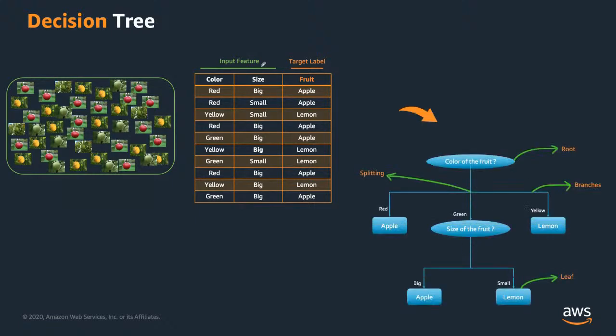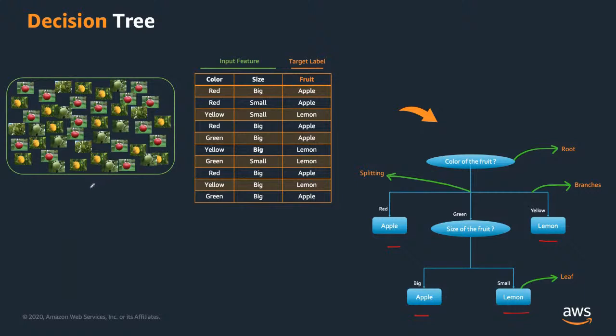So the idea is, you have to break your data set based on the features that it has in such a way that once you go to the leaf, you should be able to get the class labels, right? So the example here is a very small example. Let's say this particular data set contains the color and size of fruits.